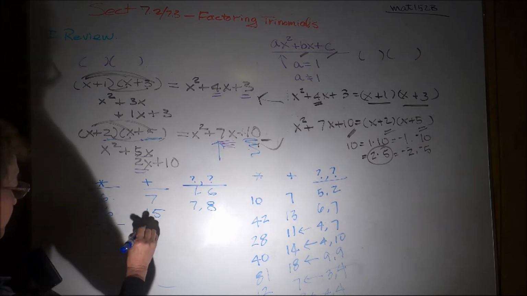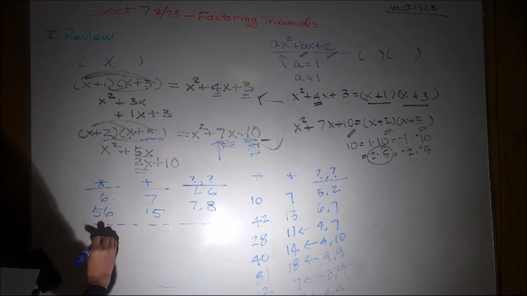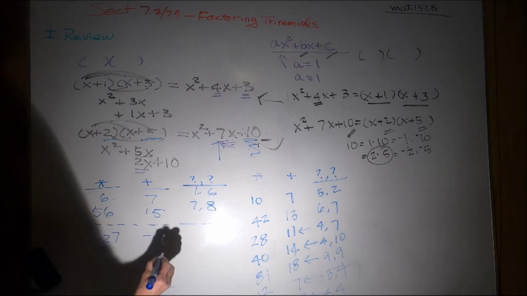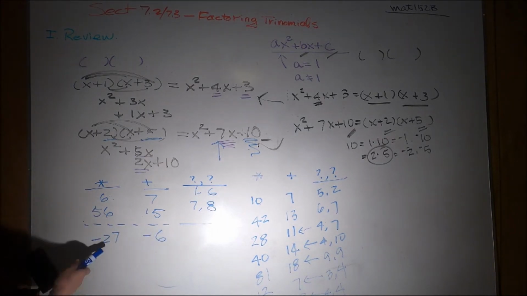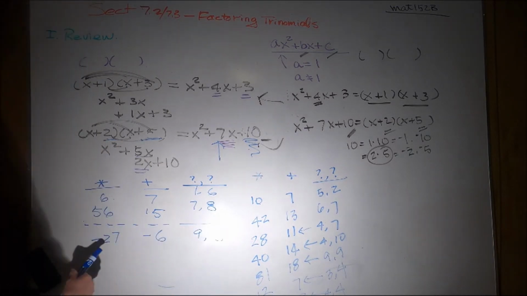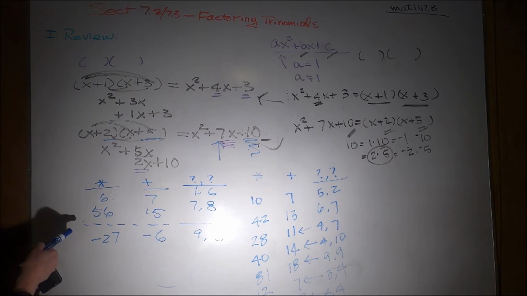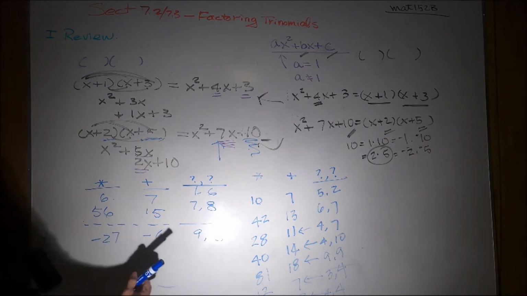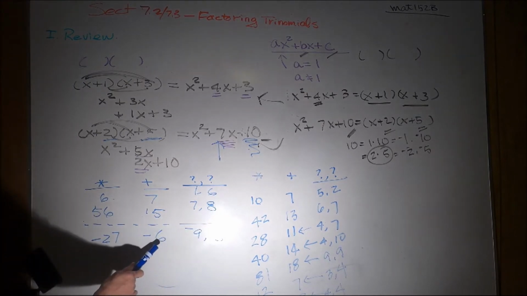How about negative numbers? If multiply together is negative 27, add together is negative 6. You know 9 and 3. 9 and 3 will work together to become 27, but we need a negative. So which one do you think would be negative, added together is negative 6?